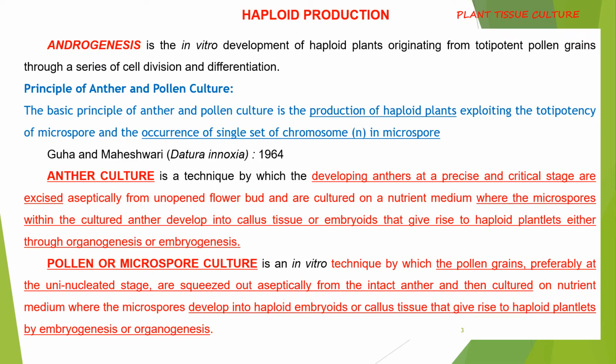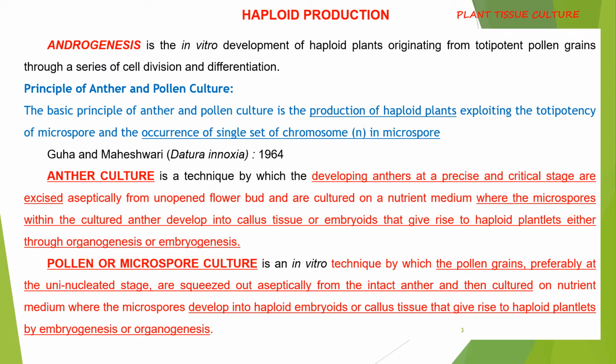Androgenesis can be achieved by two ways based on the explant used for inoculation, anther or pollen. In anther culture, anthers at precise stage of development are excised and inoculated in nutrient media to give rise to haploid plants by organogenesis or embryogenesis.